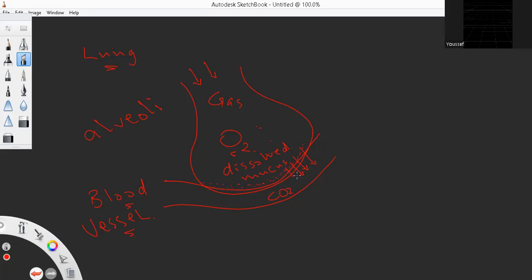Understand? On the other hand, the carbon dioxide is dissolved in the blood. So it will diffuse from the high concentration of carbon dioxide inside the blood to the alveoli inside the lung. This is called gas exchange.